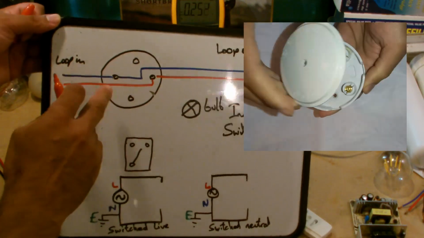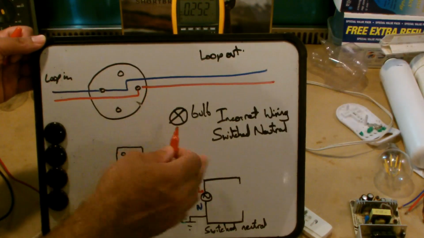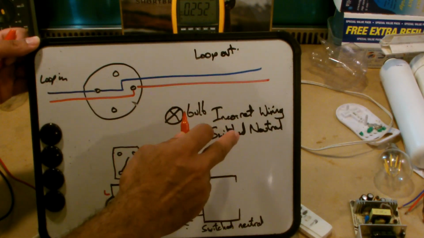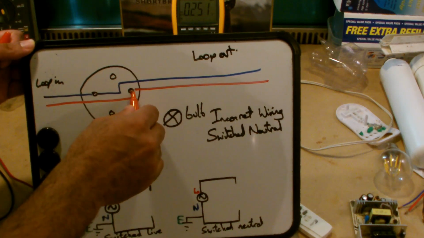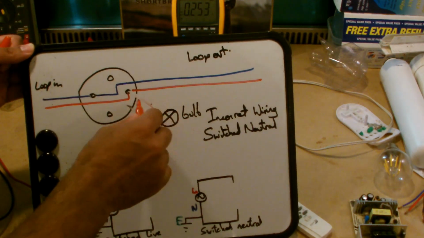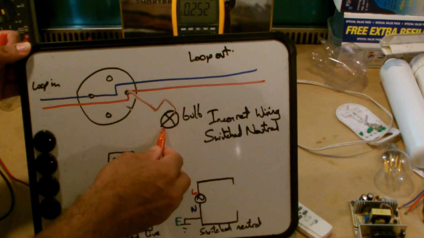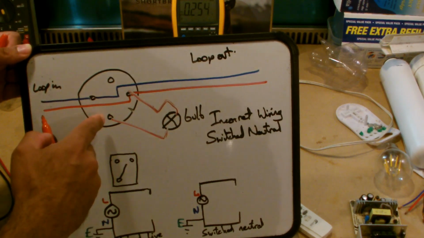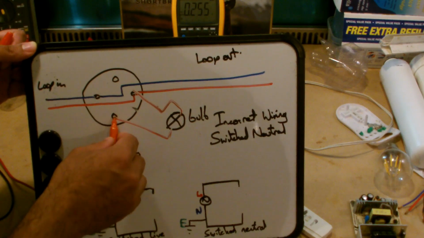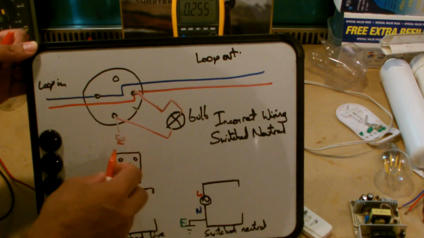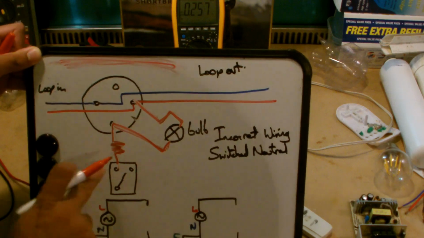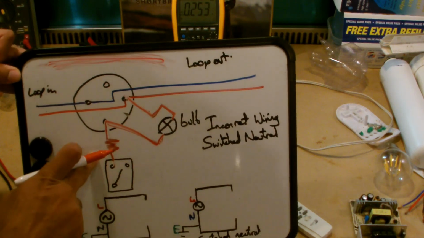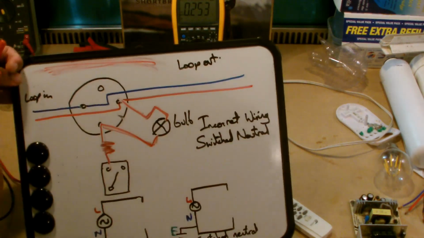So in this particular case we've got two connected, and for it to be incorrect as switched neutral, the live would go directly to one side of the bulb, the other side coming from the bulb would go back to the terminal, and that would then go here, and it could be quite a long piece of wire. So I'm just going to do that sort of concertina thing to show that it can be quite a long line.